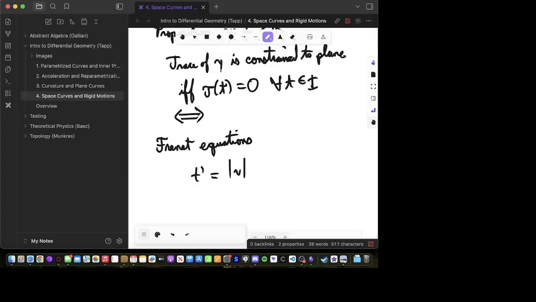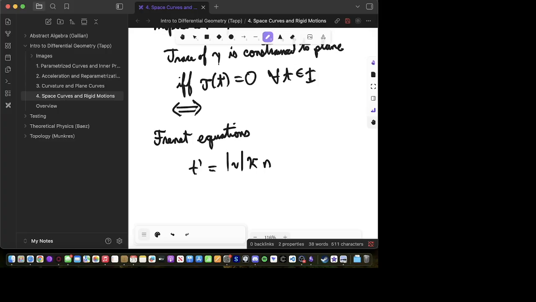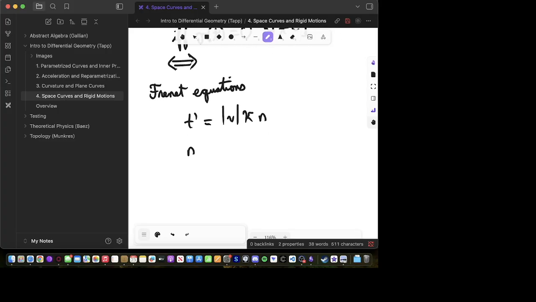the derivative of the unit tangent is equal to the magnitude of the velocity times curvature in the direction of the unit normal. The derivative of the unit normal is equal to the negative of the magnitude of velocity times curvature in the direction of the unit tangent plus velocity torsion binormal.